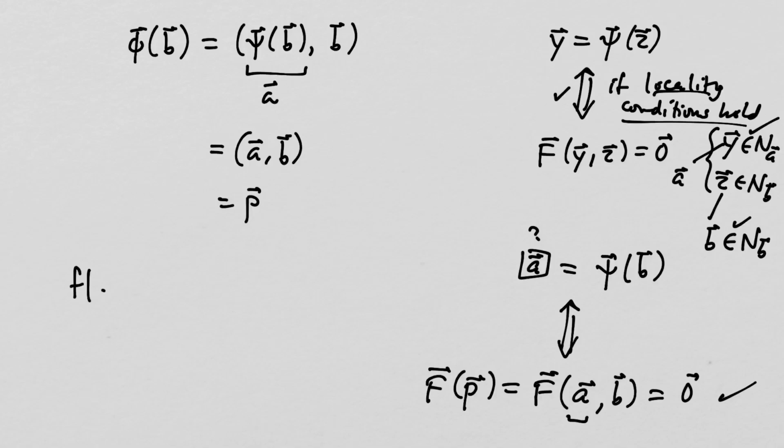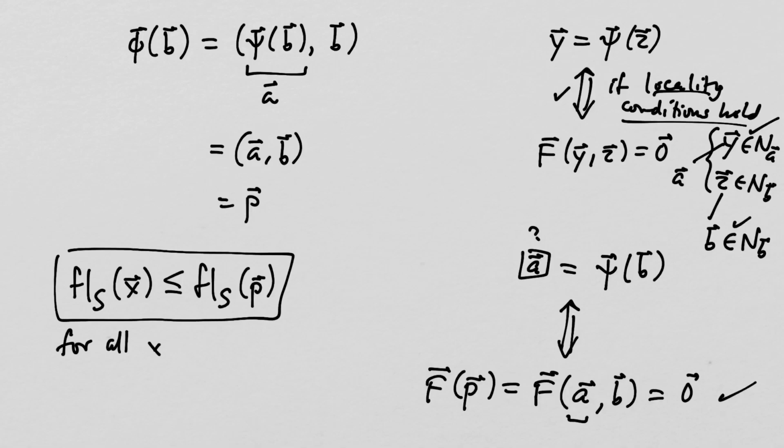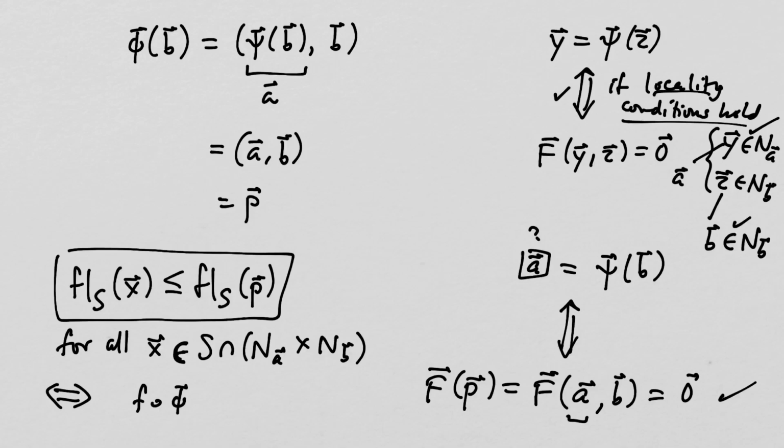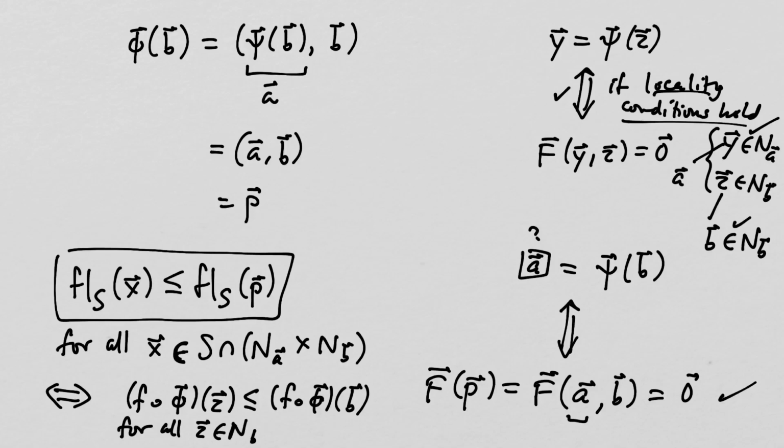So therefore our inequality, which holds for all x in our local patch, can be written equivalently as f composed with phi of z is less than or equal to f composed with phi of b for all z in this neighborhood.